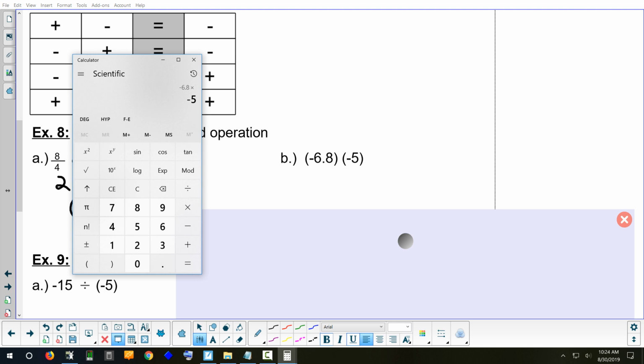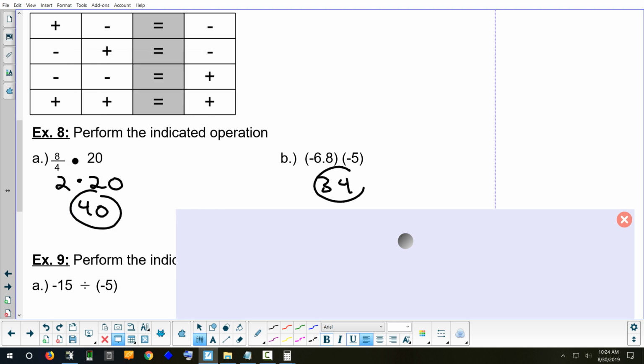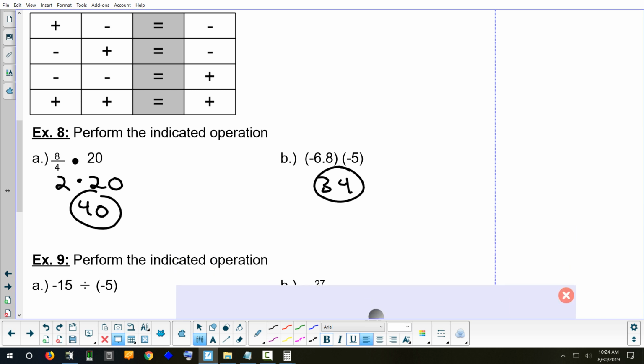This calculator, you can type it like that, some you can't. You've got to put the negative in first. Okay, this one's a little weird. 34. So negative 6.8 times negative 5 is 34.